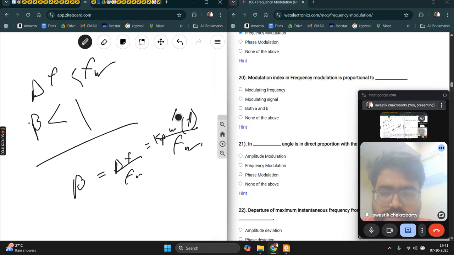This is the modulating signal and this is the modulating frequency.